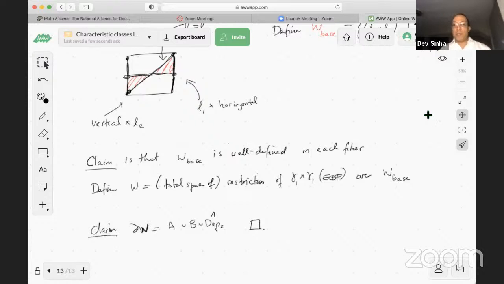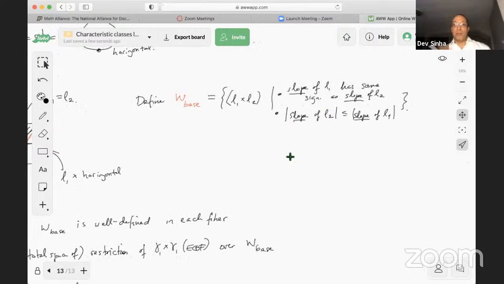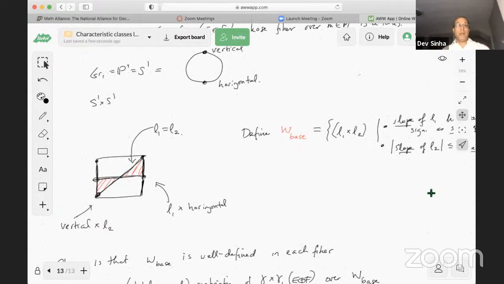You can see from the definition here, I could have also chosen them to have opposite signs of slope, or I could have had the inequality go the other way. So the torus can be split into 8 triangles. That's the star subdivision, the 2 diagonals and the horizontal and vertical.